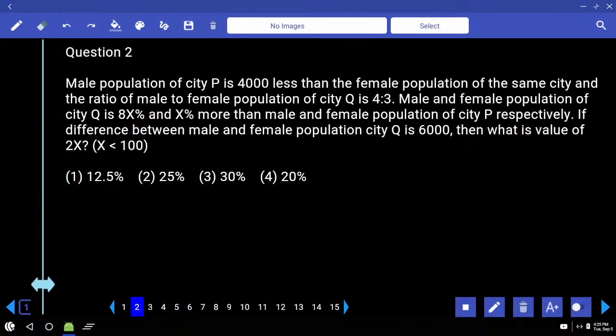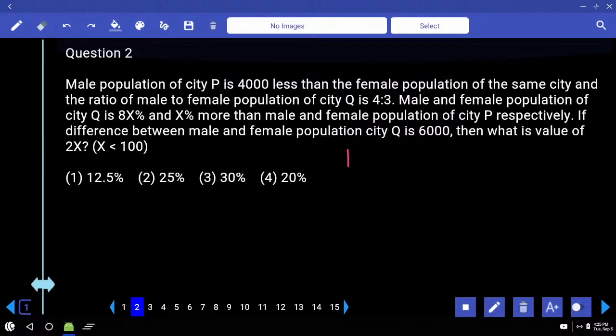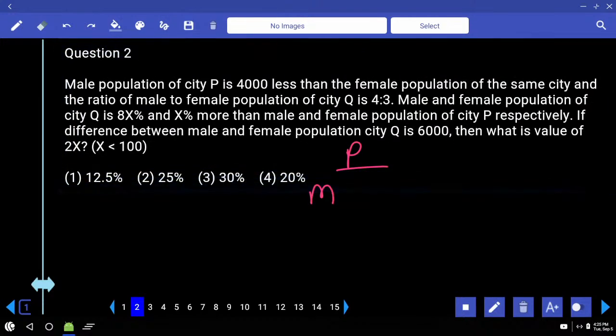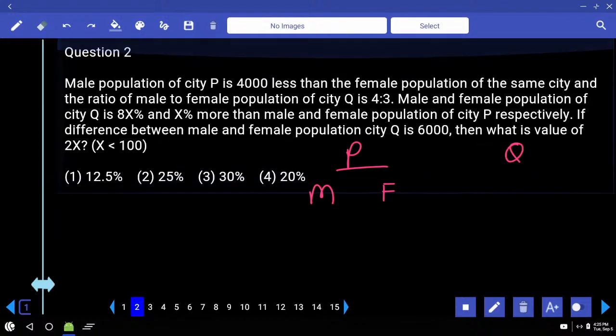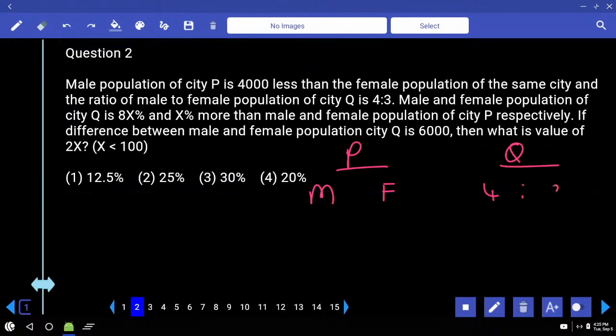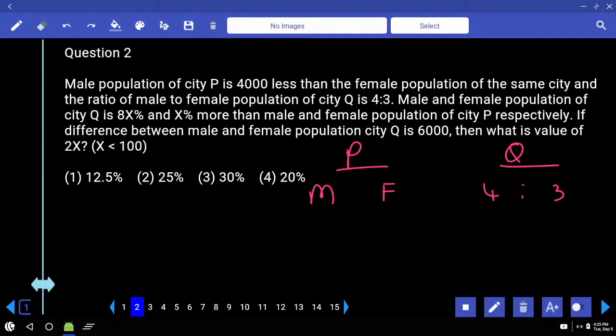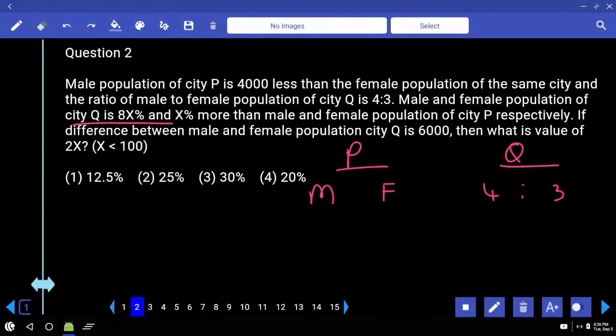Next, male population of a city P is 4,000 less than the female population of the same city P. The ratio of male to female population of city Q is 4:3. Male and female population of city Q is 8x% and x% more than male and female population of city P respectively.